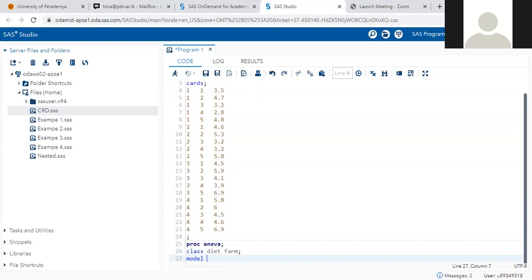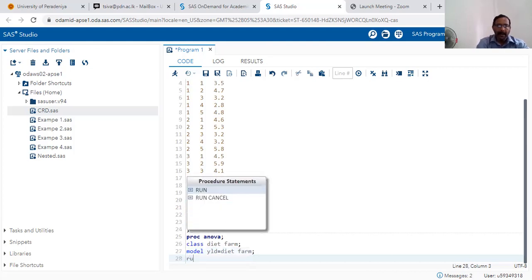Yield equals, okay, yield equals diet and farm. That is why the model is important. If you don't remember the model, then we will be missing out. So what are the sources of variance? The diet and the farm. Originally it is treatment and the block. And run the program.